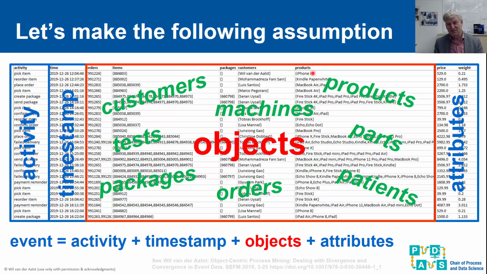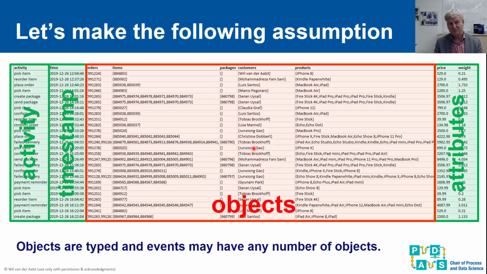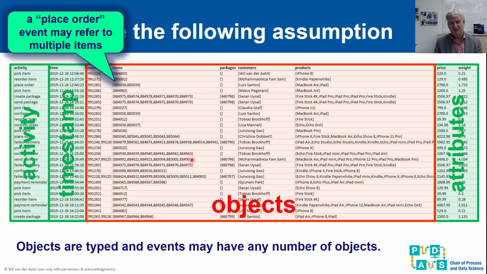A resource is just a type of object. But we can also have locations, we can have customers, all kinds of things are possible. So this is a generalization of the notion of case, resource, and many of the things that you would normally load into a process mining tool. So objects are the key element. An event may refer to any number of objects.